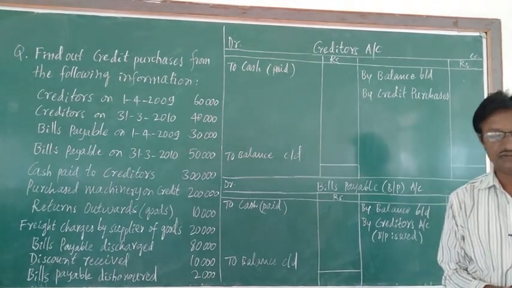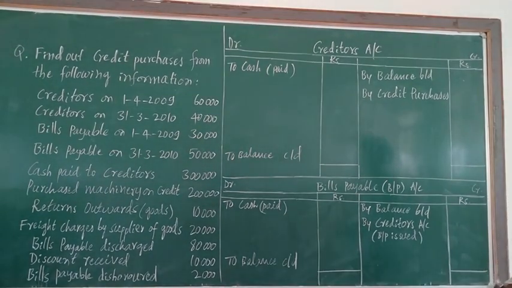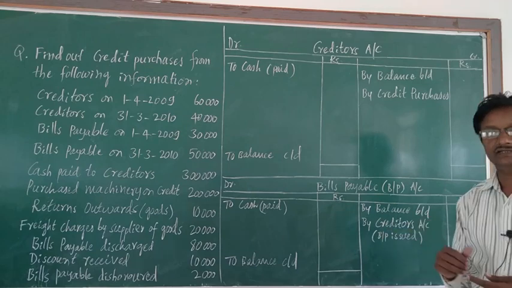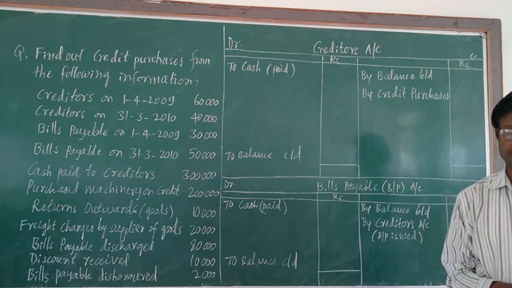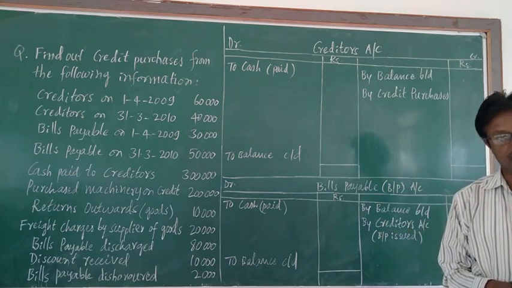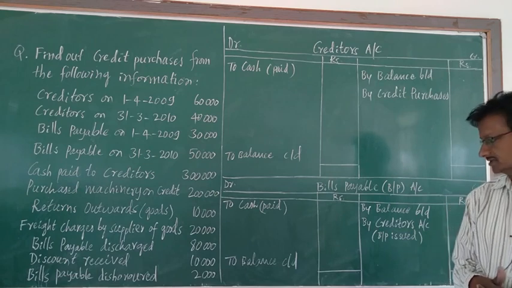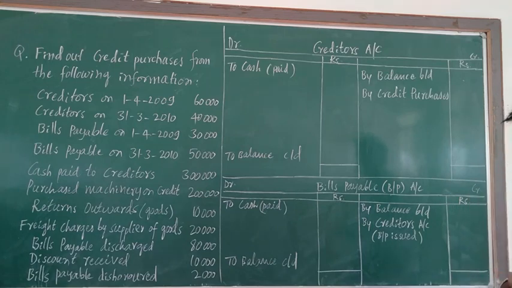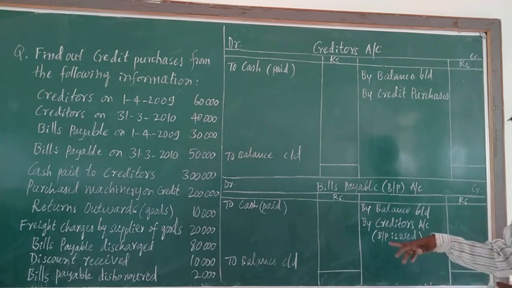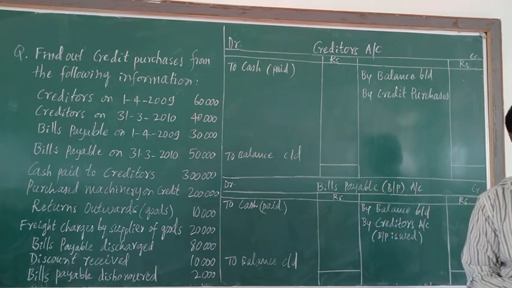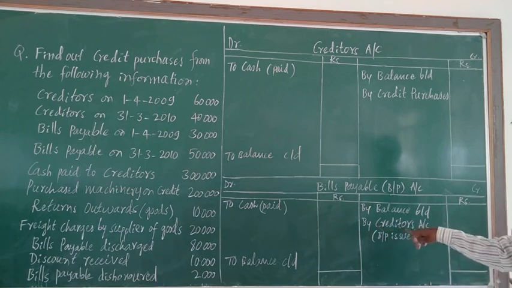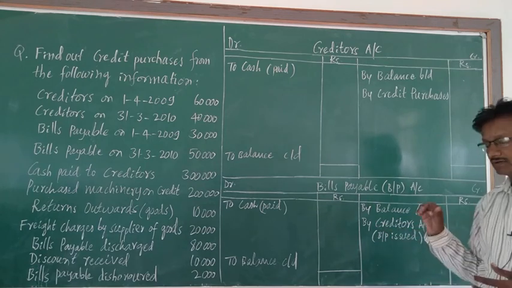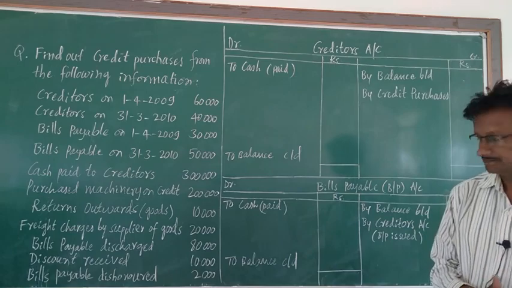And other two important items are bills payable issued to creditors. When bills payable is accepted and issued to creditors, as per the journal entry principle, creditors account is debited and bills payable account is credited. So we have to write in bills payable account as by creditors account for bills payable issued.